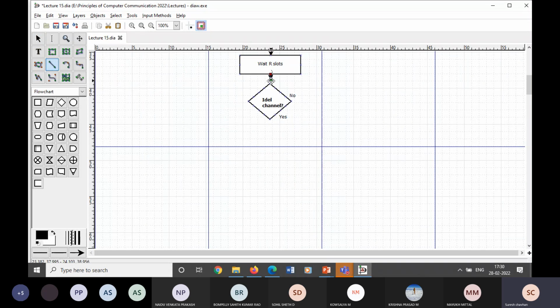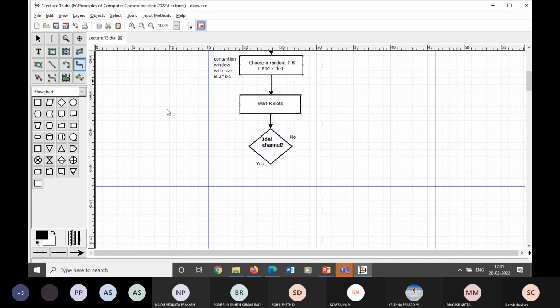If it is idle, it proceeds. If it is busy, it has to again choose a random number and wait for the R slots. And if it is idle, then it will send a frame.